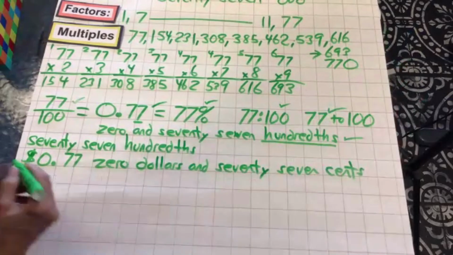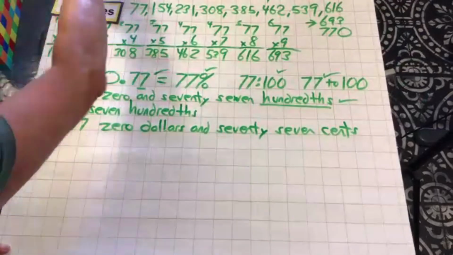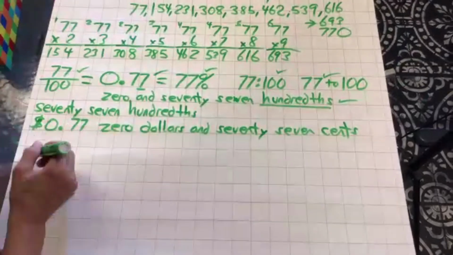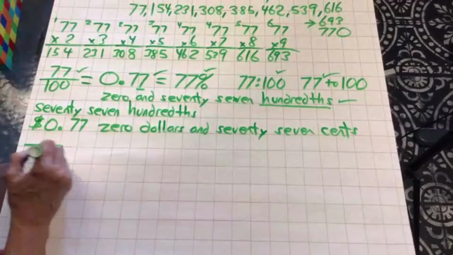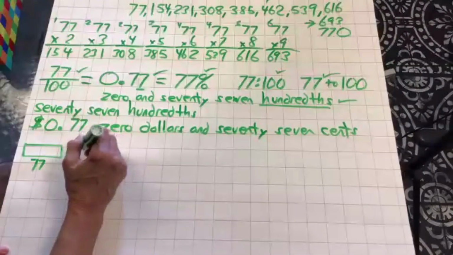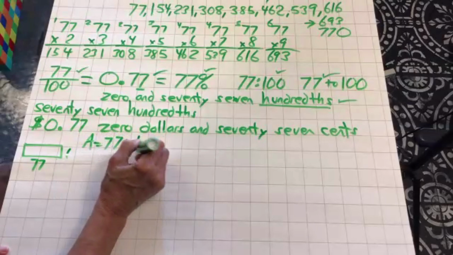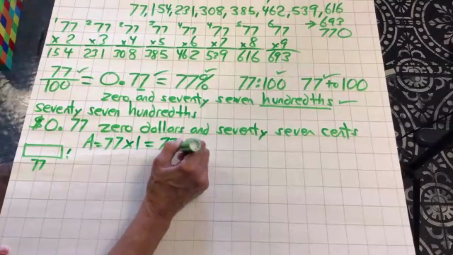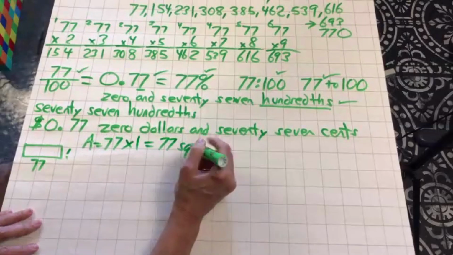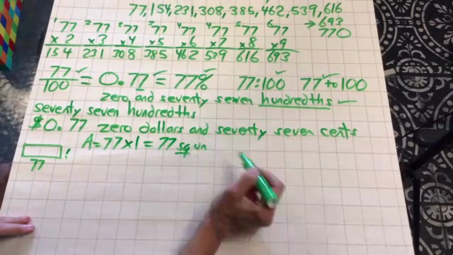All right, let's move on to area and perimeter. So let me get my words off the board and here we go. So our first area would be a 77 by 1. So we're going to say area equals 77 times 1, which equals 77 square units. Because when we're talking about area, it's in square units.